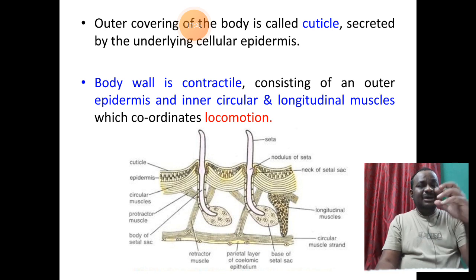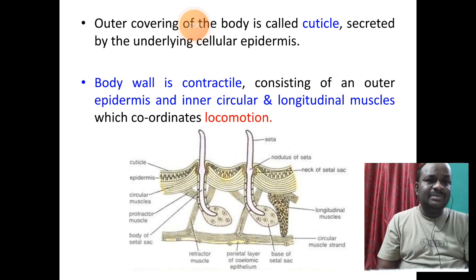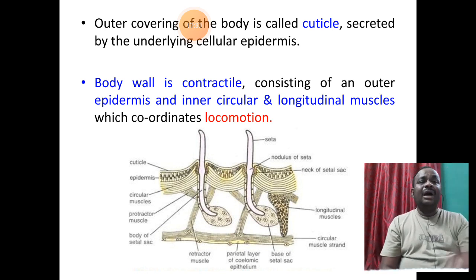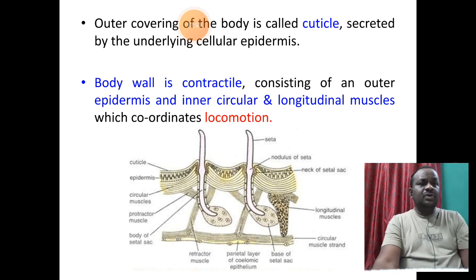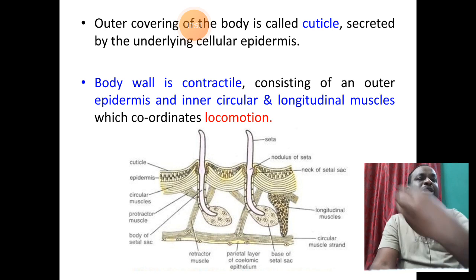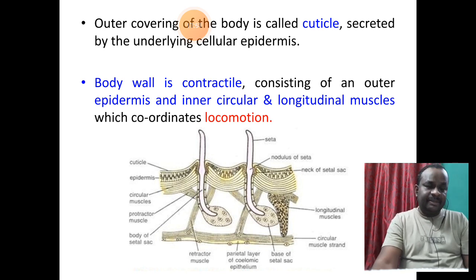Then, below the epidermis, you have the muscles of both types, inner circular and longitudinal muscles. The longitudinal muscles and circular muscles along with the epidermis together correspond to the body wall of the annelids.